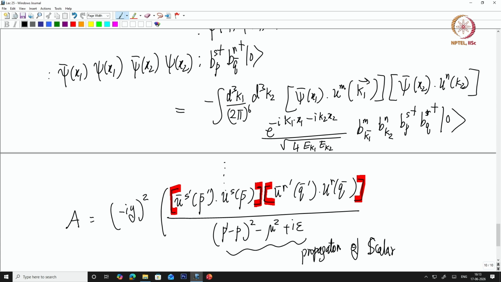So you have two amplitudes, and in fact, as you see, this will be coming out as two diagrams, the first one from the first diagram and the second one from the second diagram. So the second term is u bar of s prime, p bar prime, u bar of r, q.